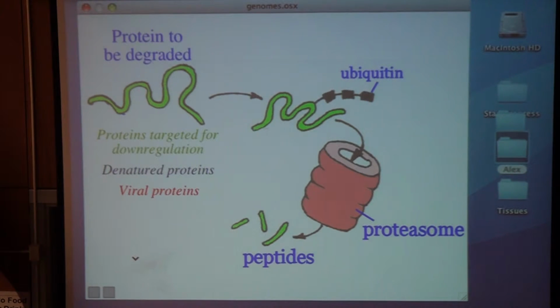Maybe the cell got too hot and the heat caused it to denature, or maybe there was a mutation in that gene, so the protein is now folded into the wrong shape. The cell is somehow able to identify denatured proteins floating around in the cytoplasm, and those proteins tend to be selectively ubiquitinated, so they'll be destroyed. And viral proteins also, the cells seem to be able to figure out capsid proteins and reverse transcriptase proteins and other proteins that come from viruses, and those ones are also selectively ubiquitinated, so the cell can get rid of them.